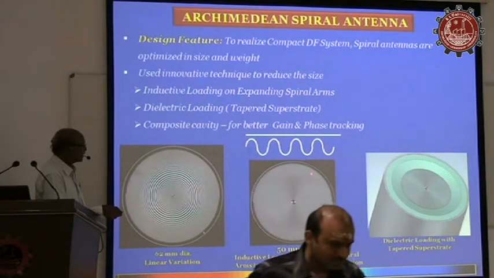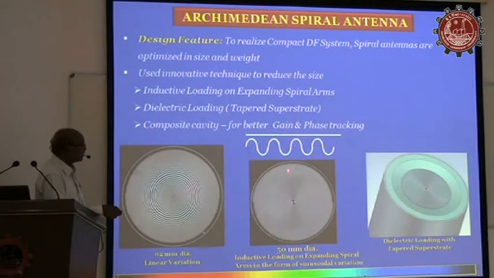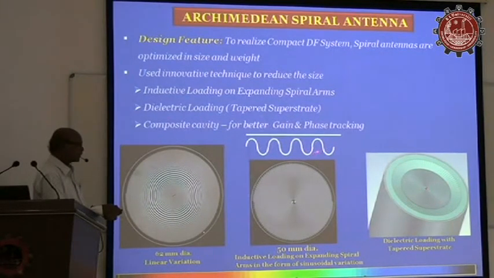Towards the lower frequency, we are modulating like this. If it is a straight conductor, we are occupying the same space only lengthwise, but by modulating this, we are electrically increasing the length of the spiral. That means I am increasing the electrical length, so that instead of say 1 gigahertz, it will go to 0.5 gigahertz, a lower frequency within the physical size available.